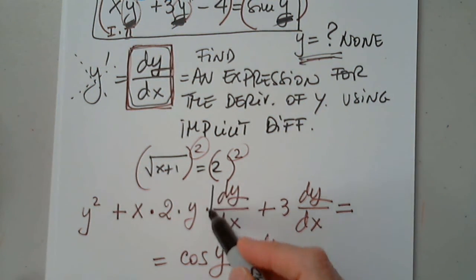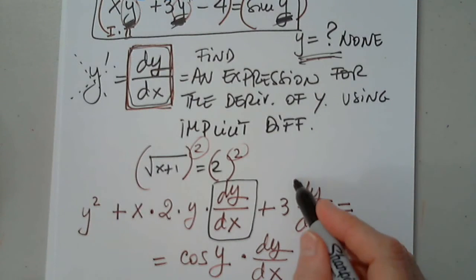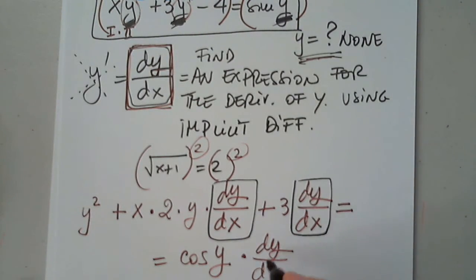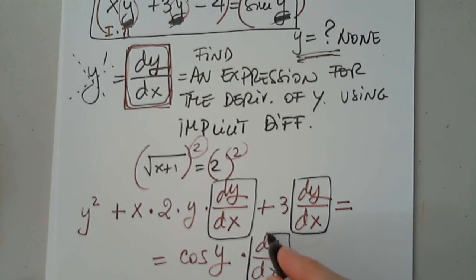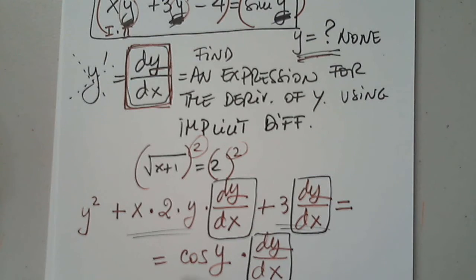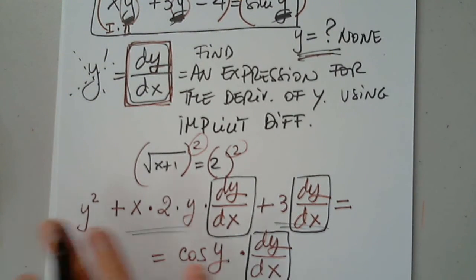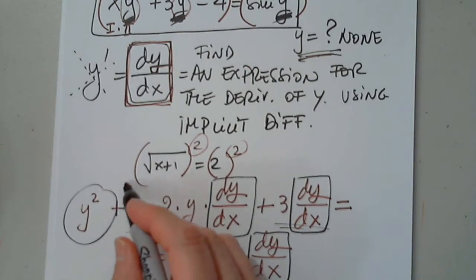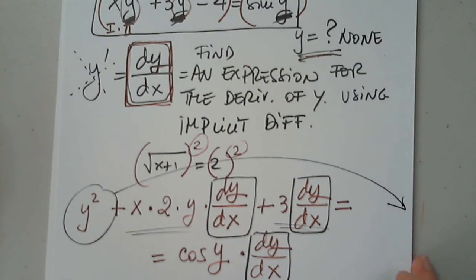So notice that this is what we are after. This is our variable. At this moment, it's just algebra. I need these 3 terms to be on one side, and the only term that does not have the variable, I need this to be on the other side.